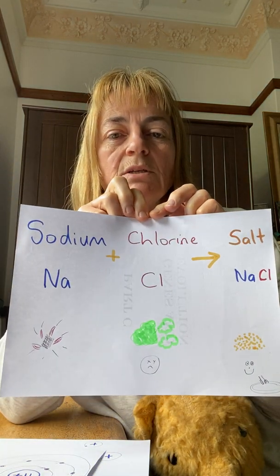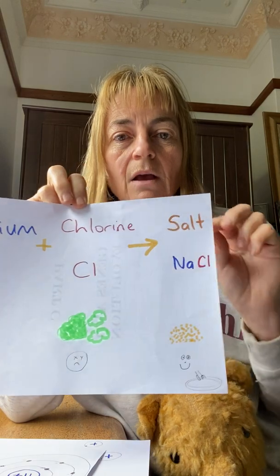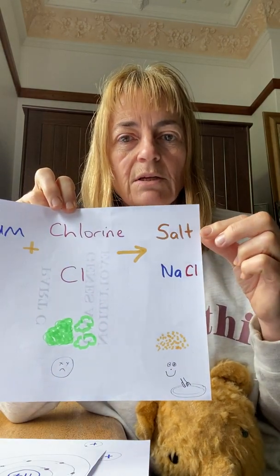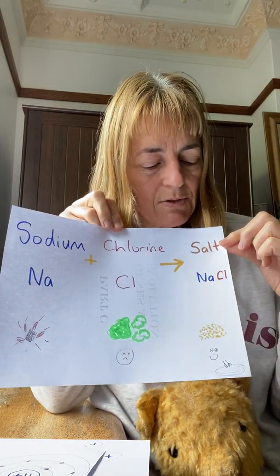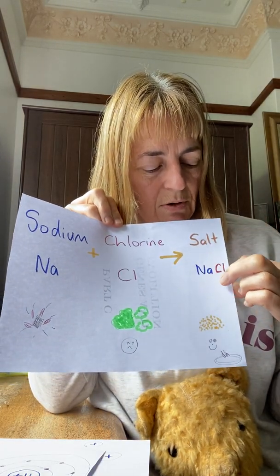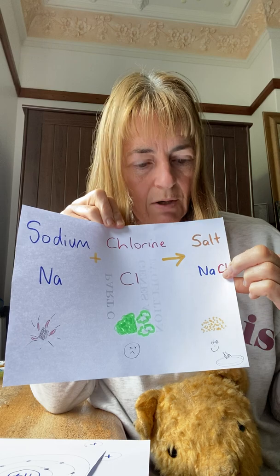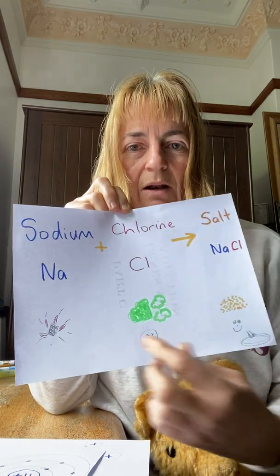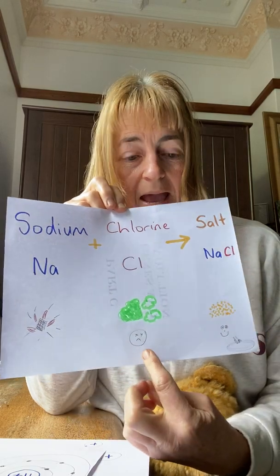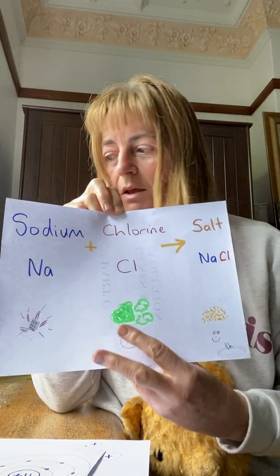They can join together in a chemical reaction, and because they've chemically joined together, they've made something new, which is salt. Using the symbols Na for sodium and Cl for chlorine, it makes something that is a solid and edible. So an explosive metal and a poisonous gas make an edible thing that we eat in our food.